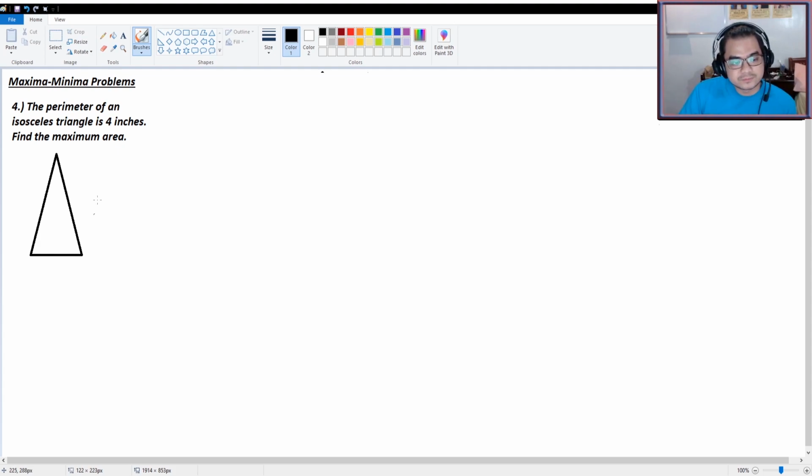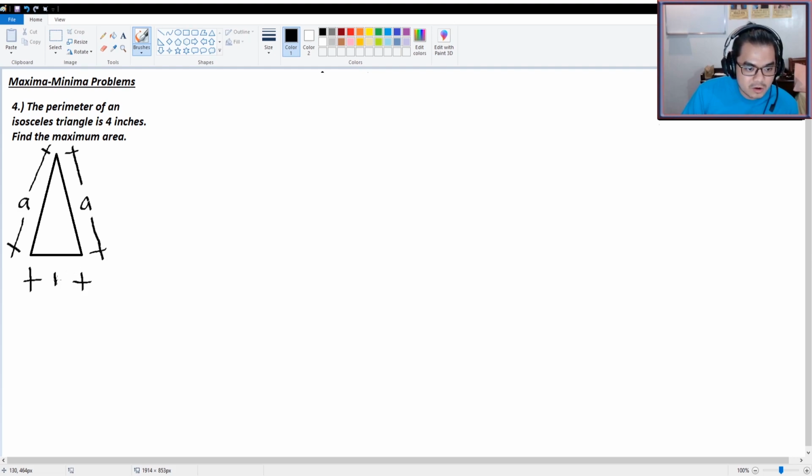Okay. So let's just say that this side and this side, let's just call this A. And of course, this is also A. And since this is a different one, let's just call this B, which also stands for the base of the triangle.